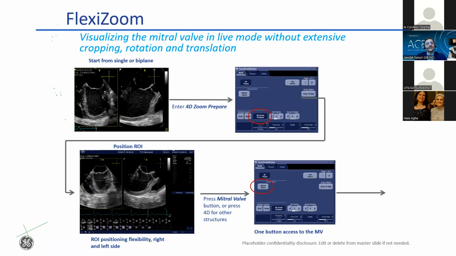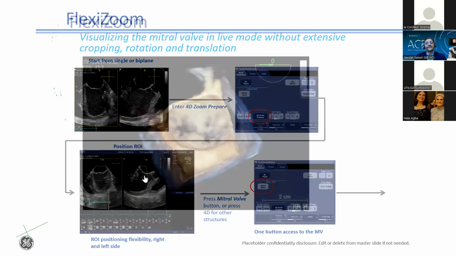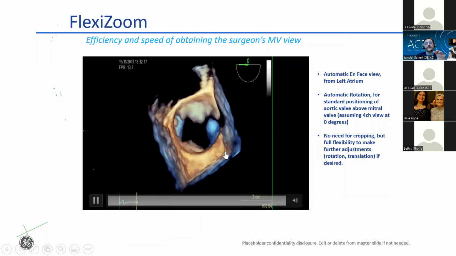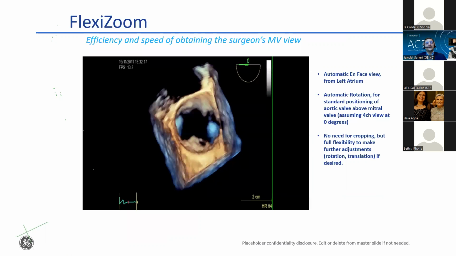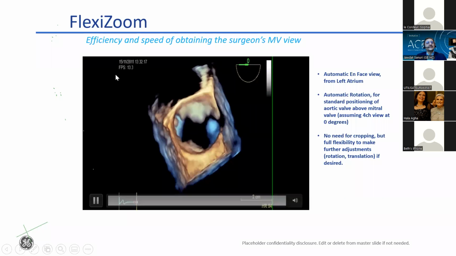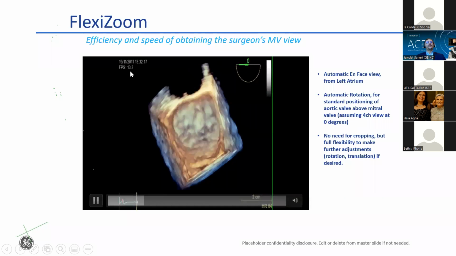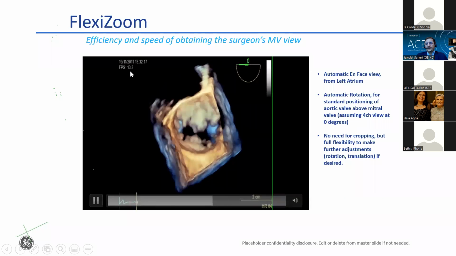Having positioned this zoom box, we have a 90 degrees perpendicular cut plane, perpendicular to the original plane in the center, displayed on the side, and that helps us decide the thickness of the area of interest. Hence, when we activate 4D, immediately we have the right cropped zoom with optimal frame rate for that specific structure. As you can see in this example, for this mitral valve, we have 13.3 frames per second.